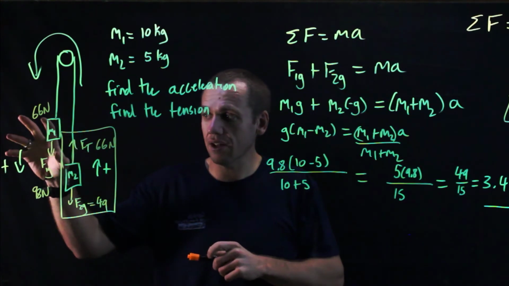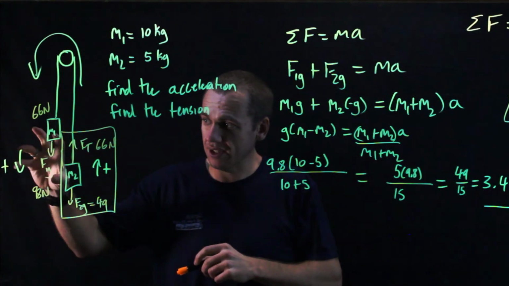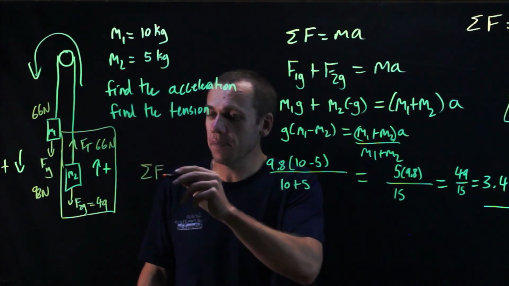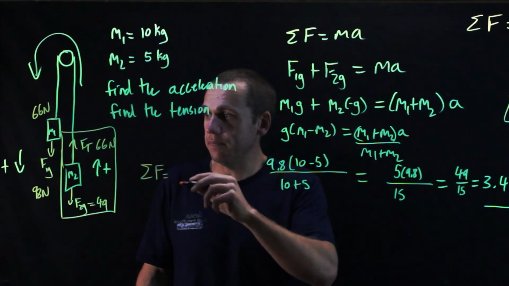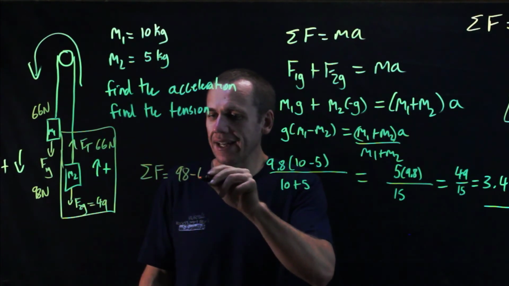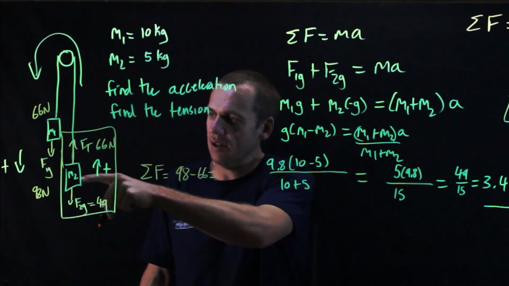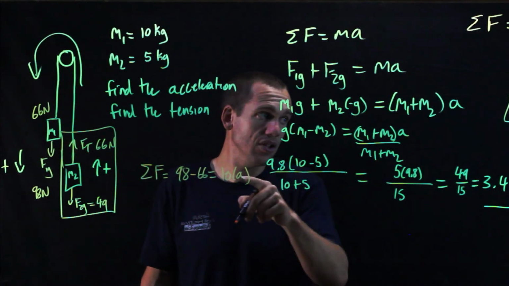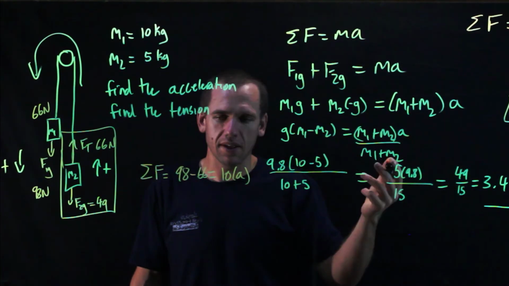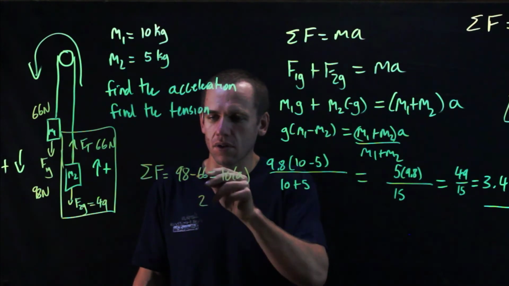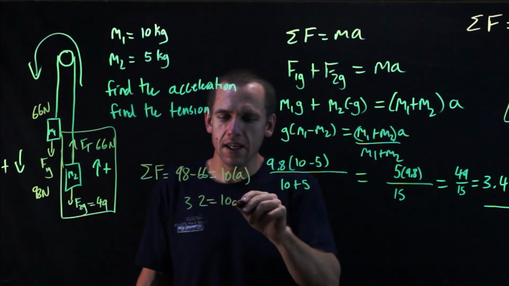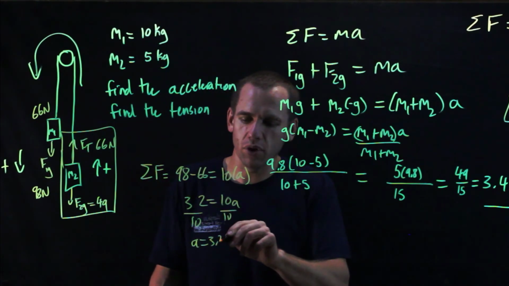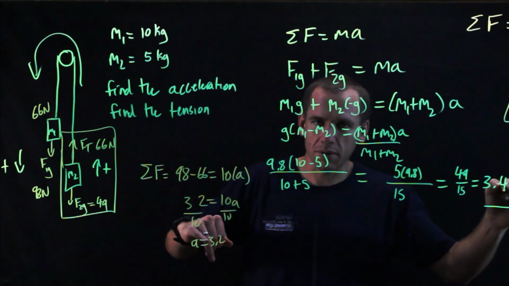Now we could double check ourselves and we could look at this object and we could say, well, the net force acting on object 1 is equal to 98 minus 66, and that should equal M1, 10, times A, and this A should be the same as this A, give or take whatever rounding errors I have, so 32 equals 10A, and divide both sides by 10, and I do see I get an acceleration of 3.2, and that is essentially my 3.4.